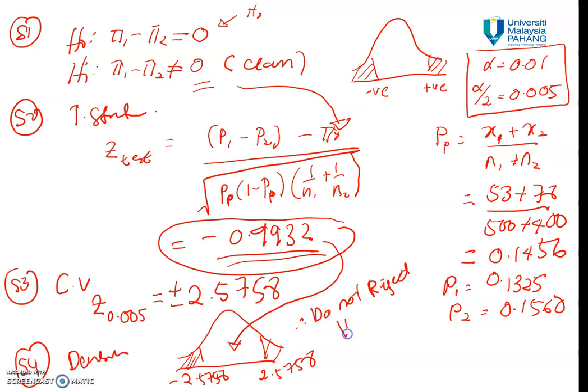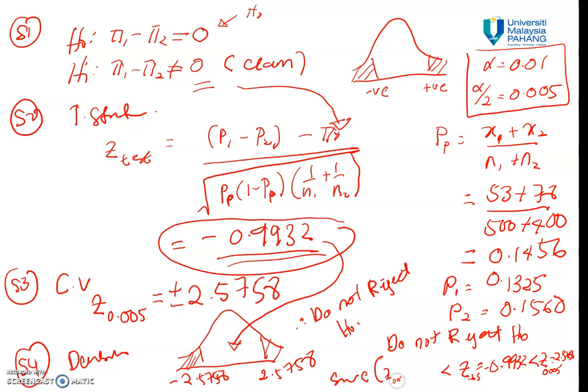But there is a way to write it nicely. My advice is to write it as well: do not reject H null since, and this one is very important, your Z test, which is negative 0.9932, is in between Z 0.005, which is negative 2.5758, and Z 0.005 equal to 2.5758.